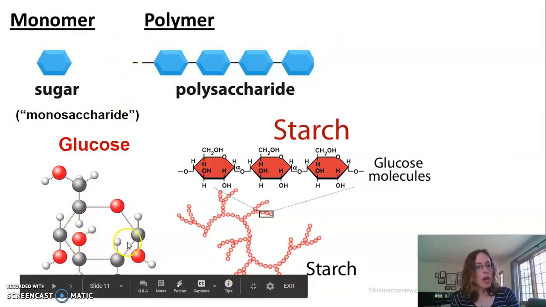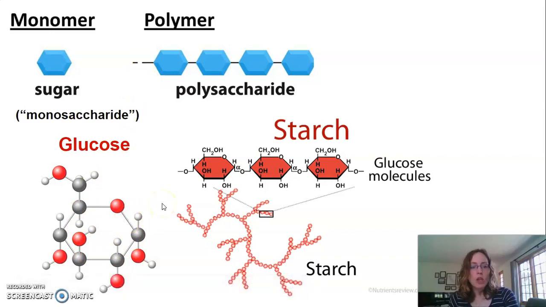So here are some actual chemical drawings of those structures. The simplest, most common sugar that you'll see again and again when you take biology is glucose. You might have heard this, especially if you know someone who's diabetic. People who are diabetic have to monitor their blood glucose levels because glucose is the form of sugar that circulates in your bloodstream.